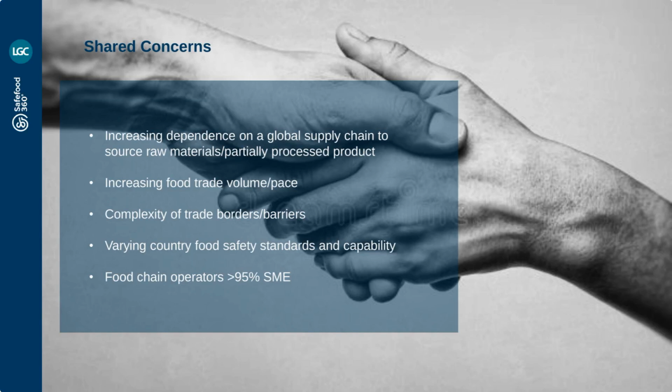With increasing food trade volume, there are a lot more products out there that have been developed, and with that, there's an increasing dependence on sourcing those ingredients. And then there's the complexity of trade borders, with open borders and complexity involved in those, and varying food safety standards and capability.